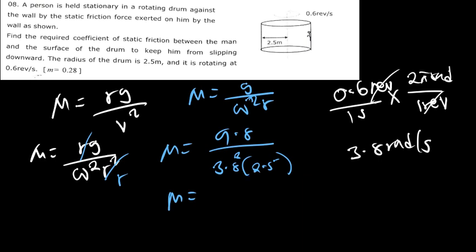Have you seen? Yes, I have. Okay, so 3.8 squared times 2.5. So I'm getting my answer to be 0.27.